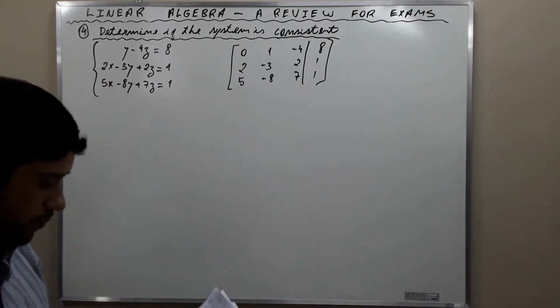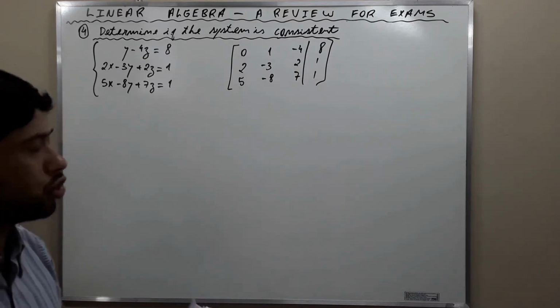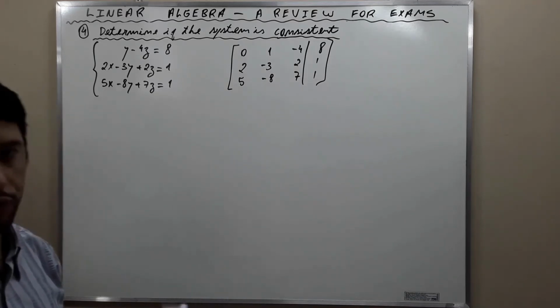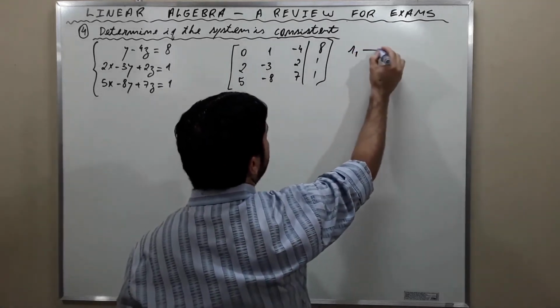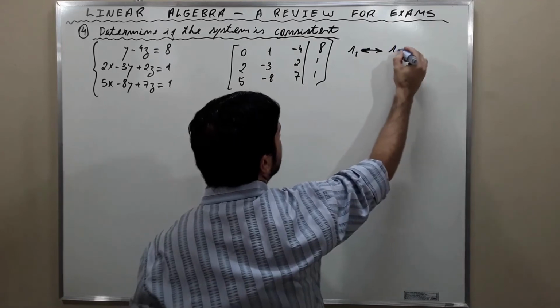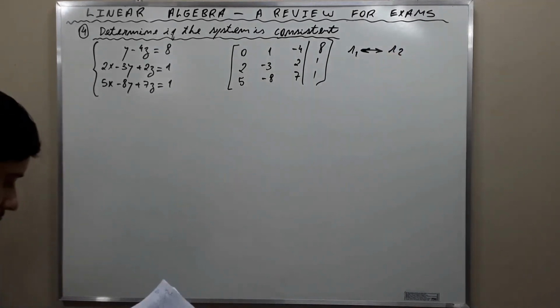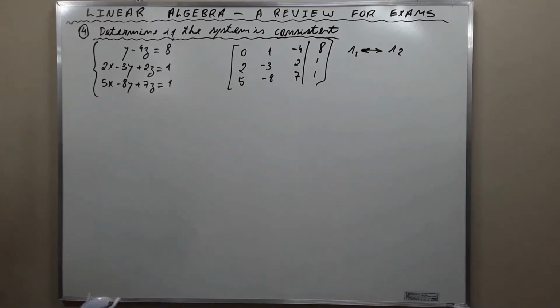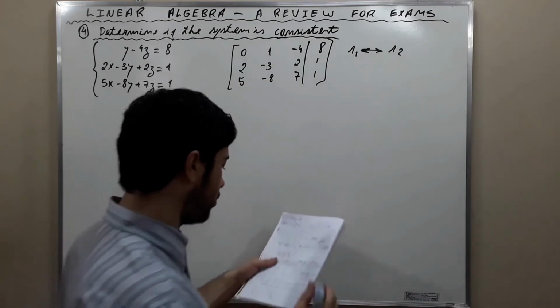three equations. Okay, the first operation will be to swap row 1 with row 2. We are going to simply swap them, and subsequently we are going to conduct the following operation.